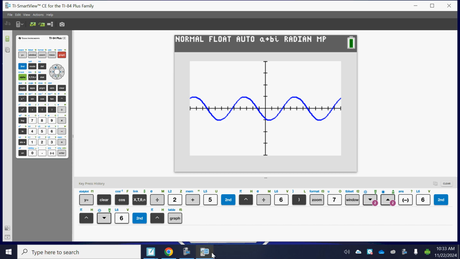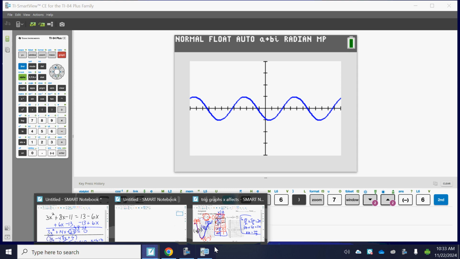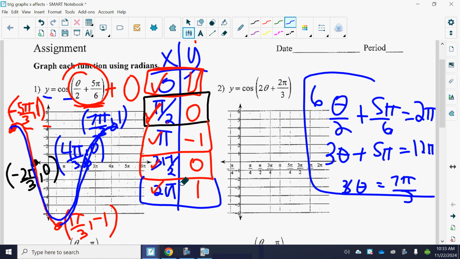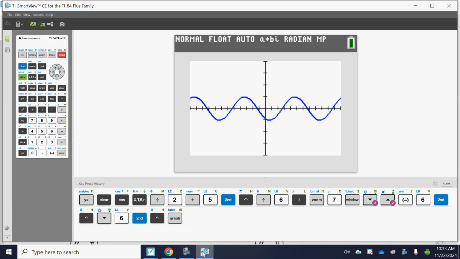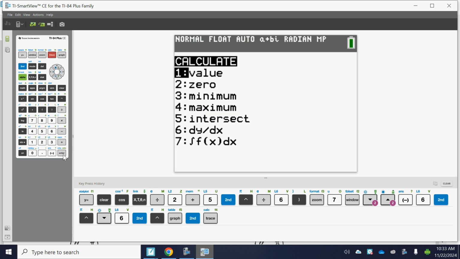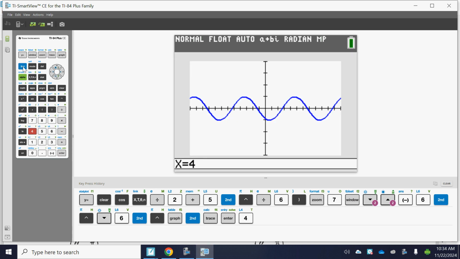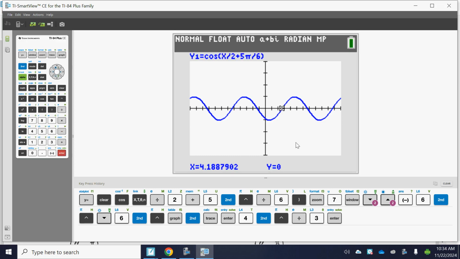Now, Anders, you were asking an important question. How do I know who these people are? Well, if I plug in 4 pi thirds to the graph, second calc value, 4 pi thirds, bet you $1, it's going to get me 0.